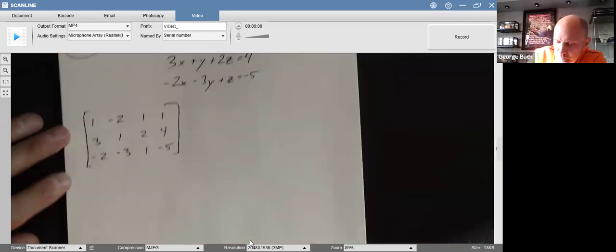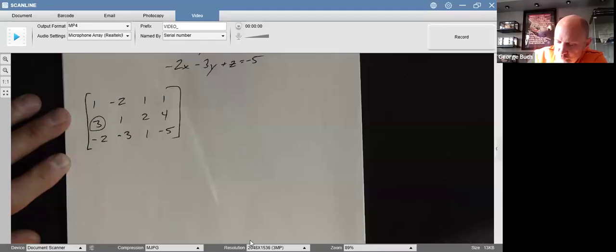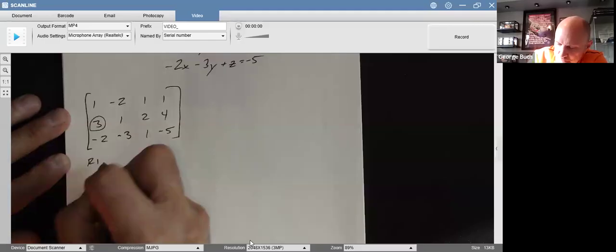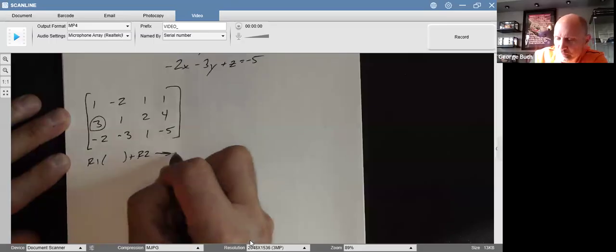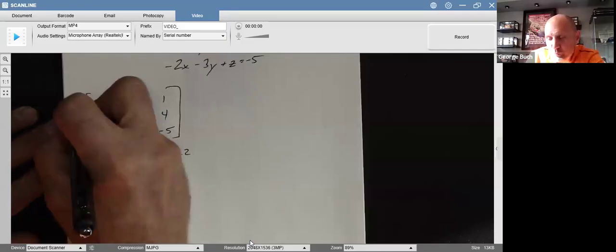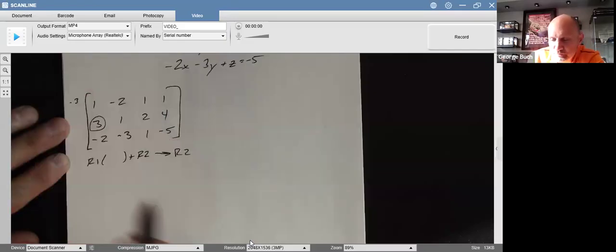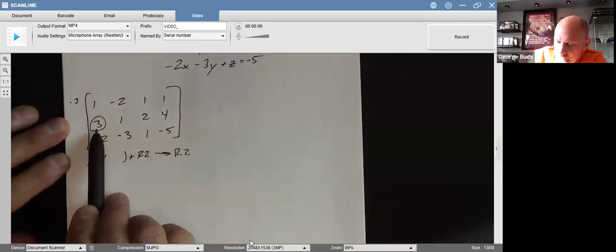So first thing we do, we want to try to get a 0 here where this 3 is at. So I'm going to do row 1 times something plus row 2 to give me a new row 2 with a 0 there. So I'm going to have to do what? Multiply this by negative 3. And that's why having a 1 here is so nice, because I just use the opposite of whatever's here, right? So I get what?